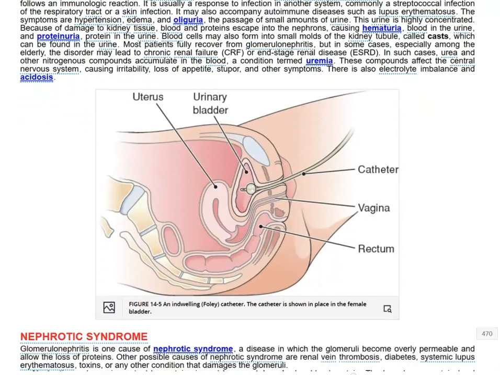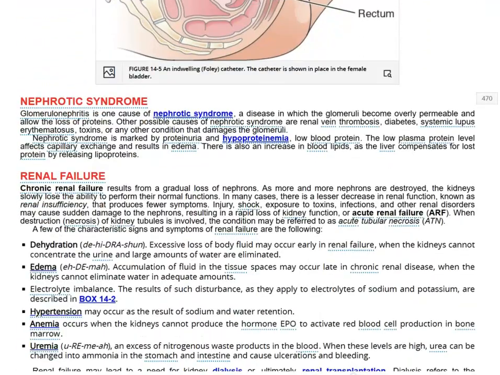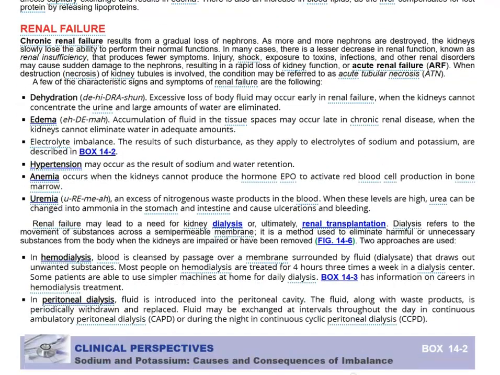You can definitely get nephritis, nephrotic syndrome, renal failure. This is so common that it's covered by Medicaid and Medicare, and there are medical benefits like social security disability benefits for people with renal failure, because if your kidneys fail in any way, you have to get hemodialysis.